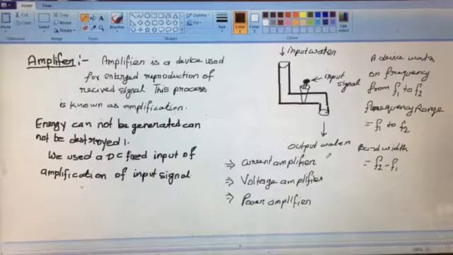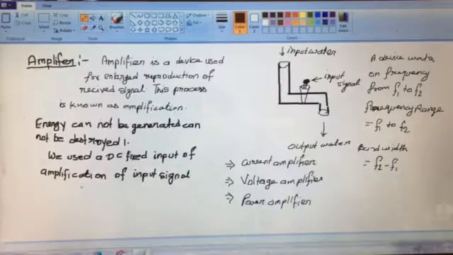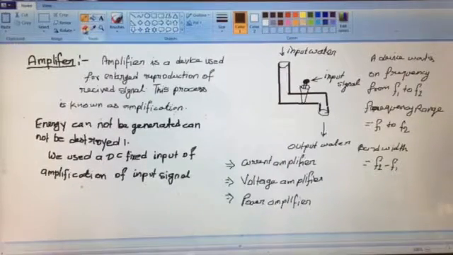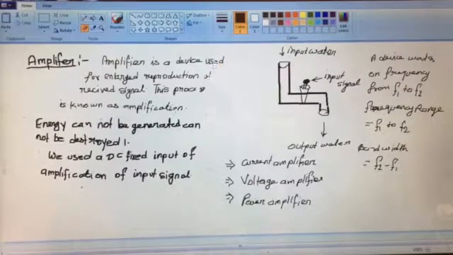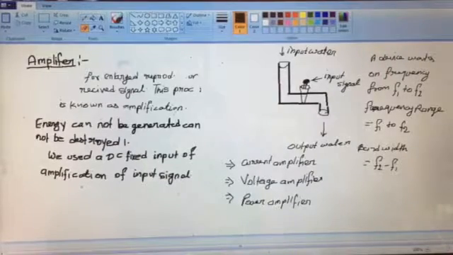Similarly, an amplifier is also used on a particular frequency range, so that's why an amplifier is defined on the basis of its operating frequency.